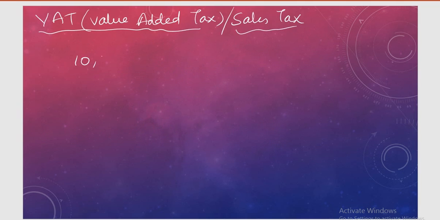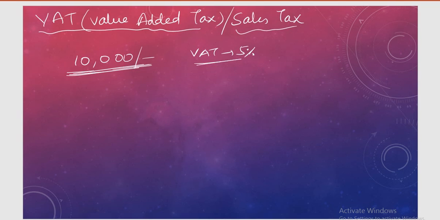Suppose you purchase a good for 10,000 rupees and VAT is 5%. That means if you want to purchase this good, you should pay an extra amount other than this 10,000, right?